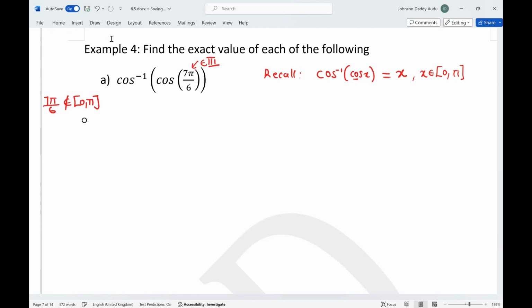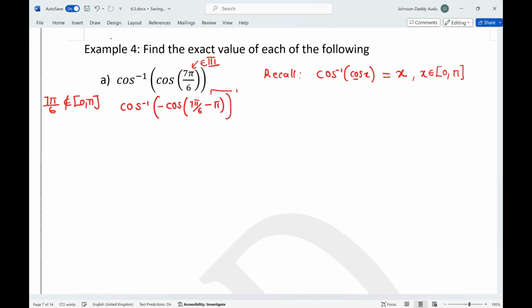So we have to use the reference angle now. This will be cosine inverse, but in quadrant 3 we know that cosine is negative, so this will be minus cosine, and this will be 7 pi over 6 minus pi.